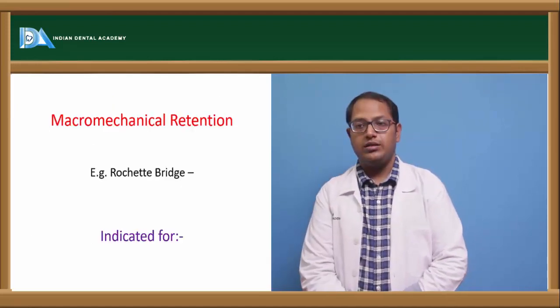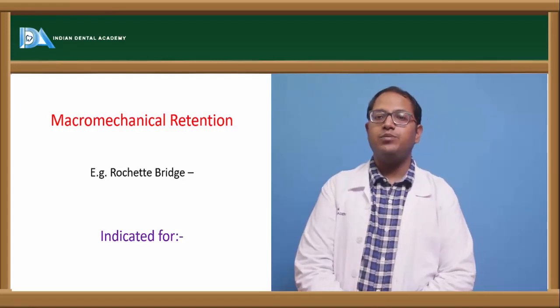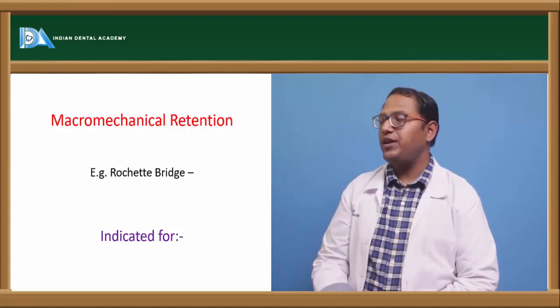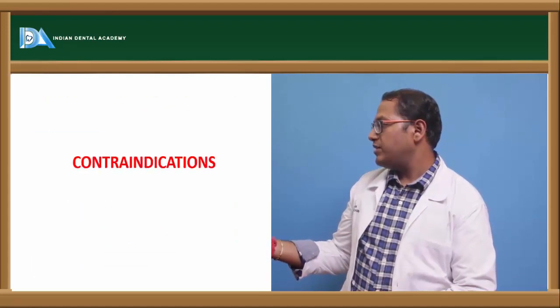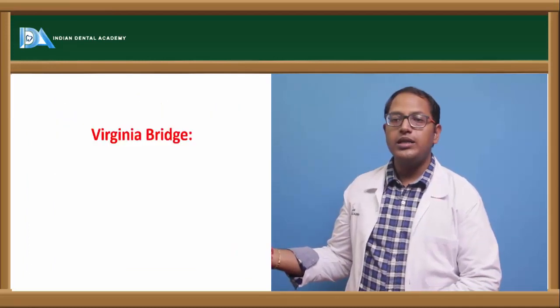macromechanical retention. For example, the Rochette bridge. The Rochette design has composite or metal retention by perforation in the metal framework backing. This is how it is. Now what are they indicated for?